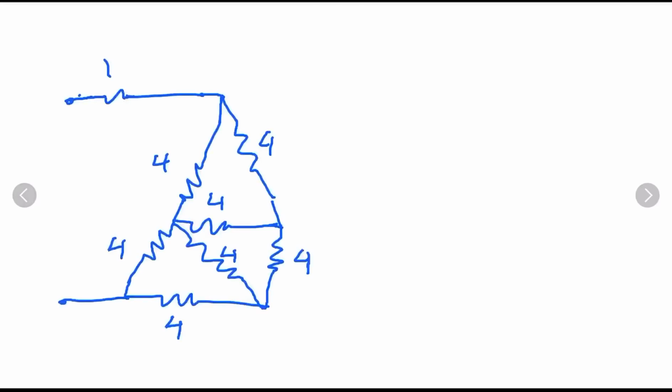For that we need to understand which delta should be converted into star. If we convert this delta, this will lead us to complicated calculation. So what we are going to do, we will convert this delta and this delta into star. That will lead us to normal calculation.